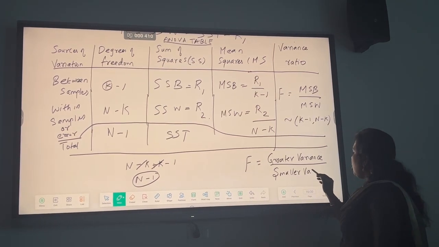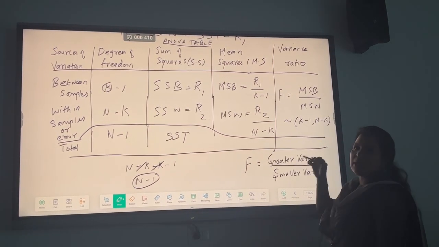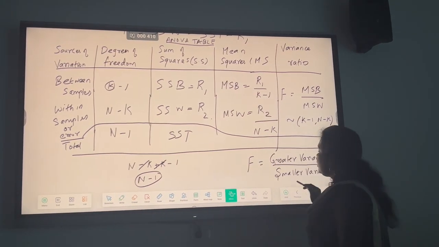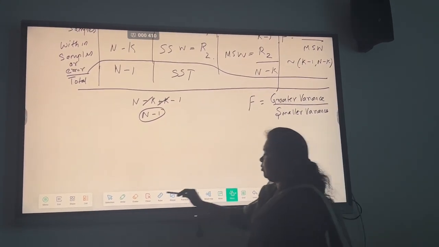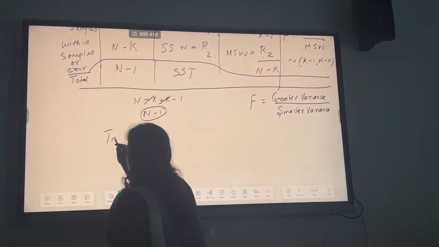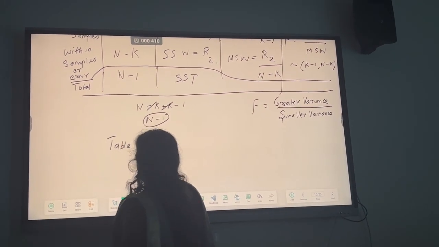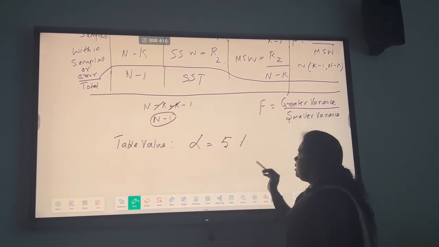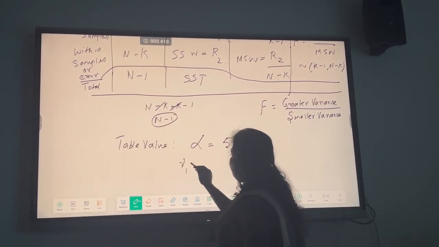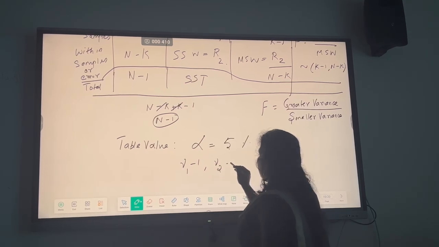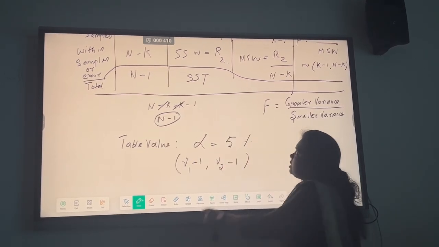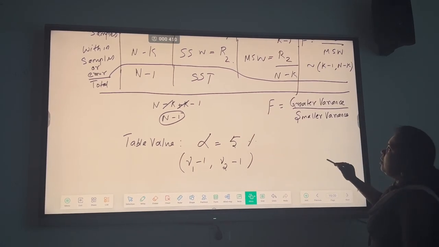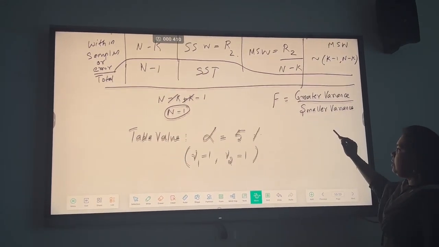According to the problem, you have to look at which is the bigger value and find the ratio. Next, we have to calculate the table value. We select the critical value alpha to be 5%, and we need two values, mu1 minus 1 and mu2 minus 1, according to the values given.